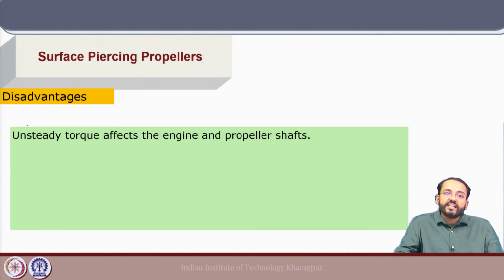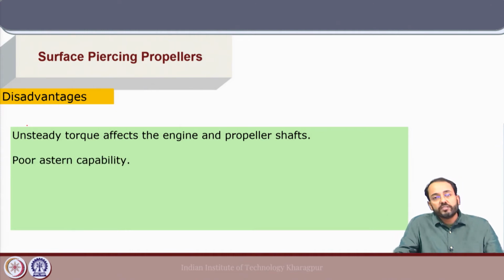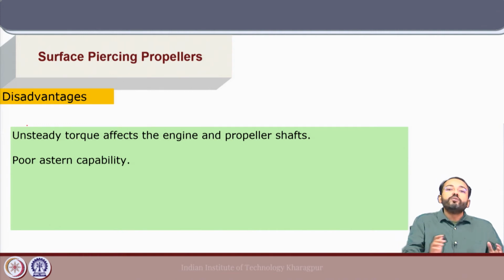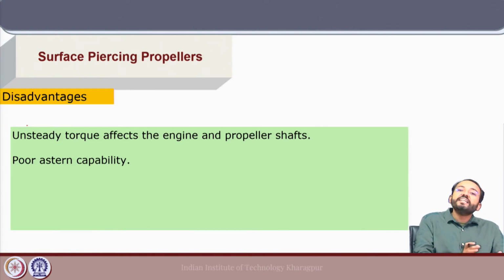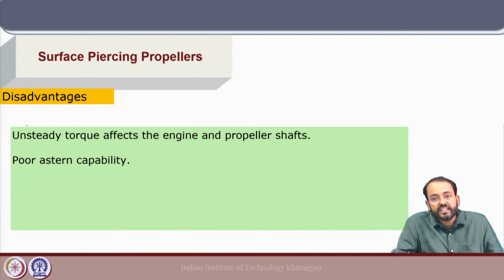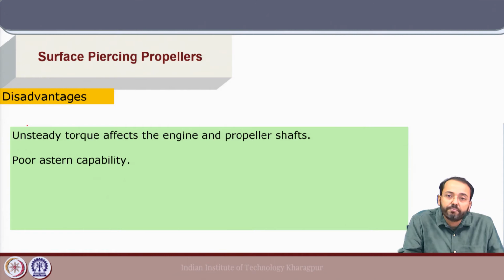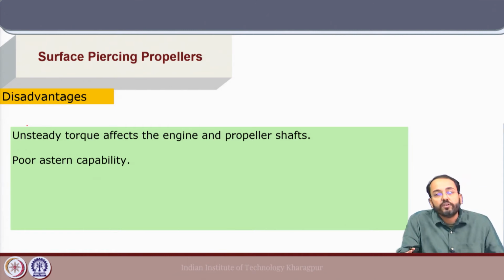So, because of that, there will also be unsteady torques which affect the engine and propeller shafts. All these disadvantages are mainly related to the partial submergence during its operation, and hence these factors need to be looked into in the design of the propeller blades, so that the thrust and torque and also the vibration characteristics of the propeller are properly estimated.